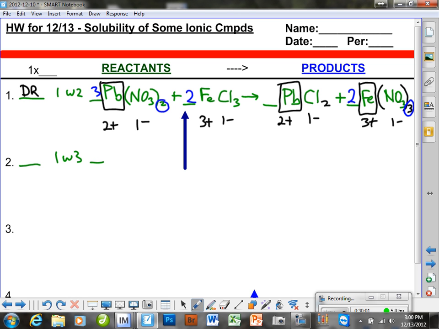And what am I going to use for the coefficient over on this side? This is a 3. And now watch, this is so neat. Lead and lead on each side.